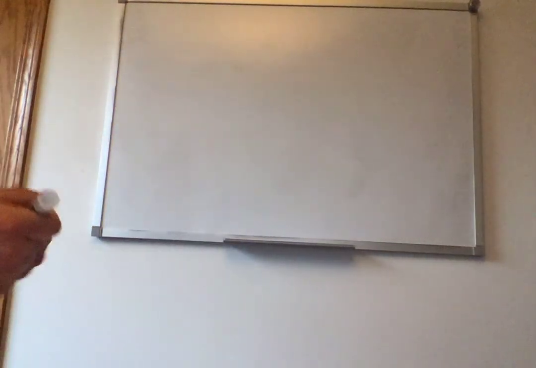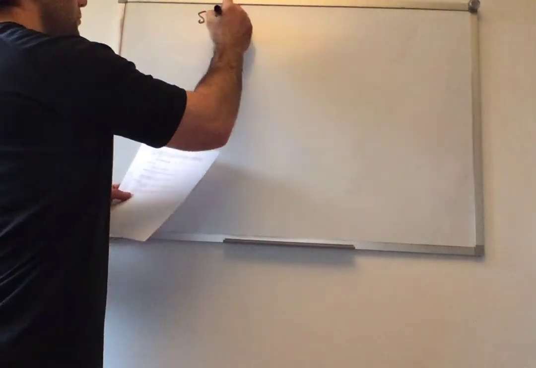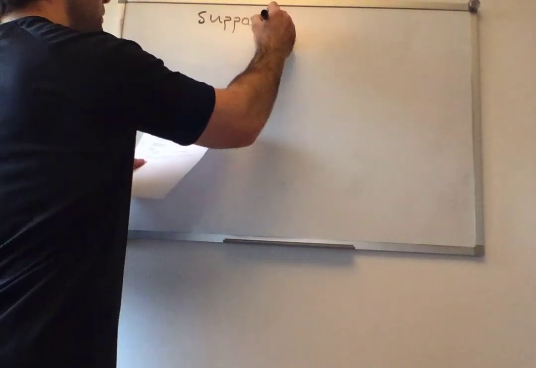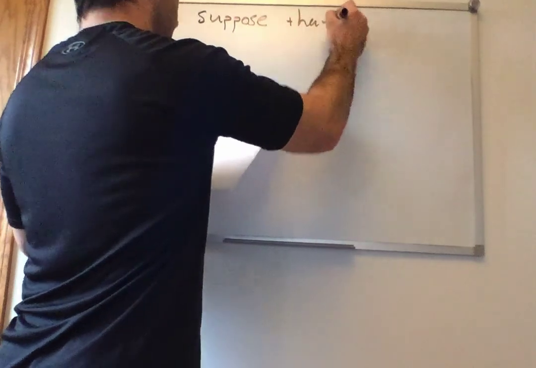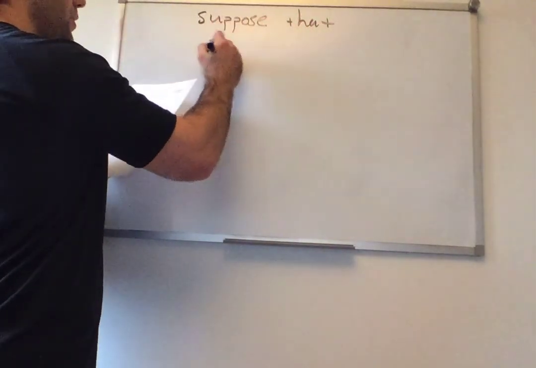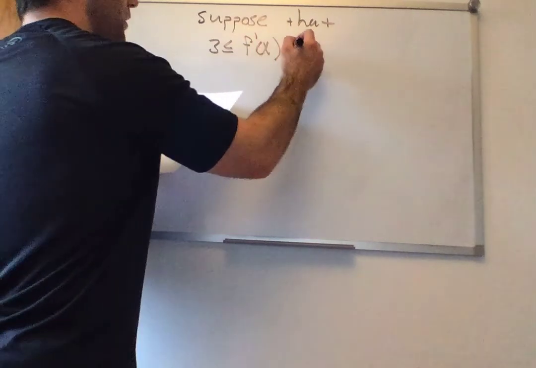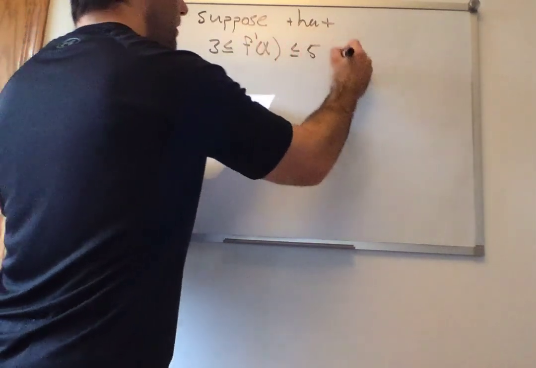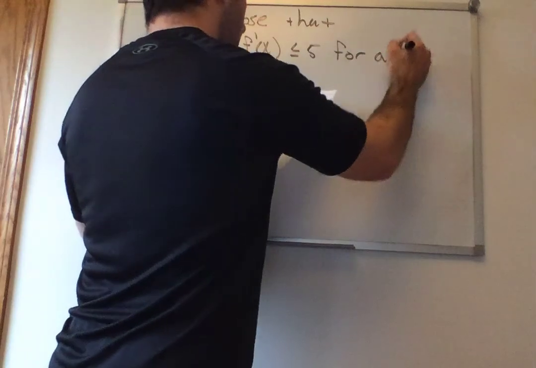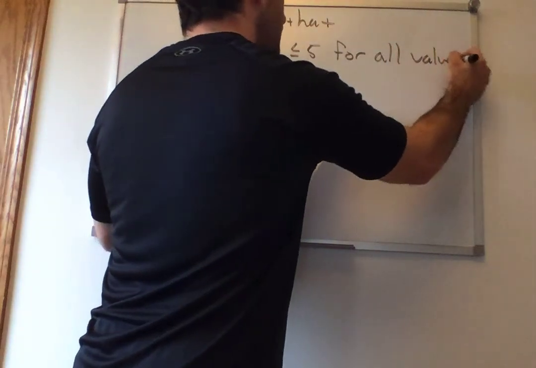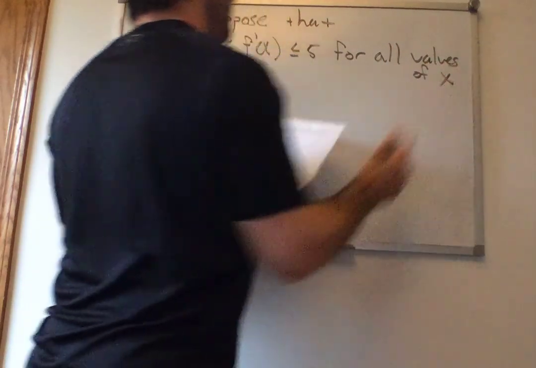Alright, so we're going to do another example. Suppose that 3 is less than or equal to f prime of x is less than or equal to 5 for all values of x.